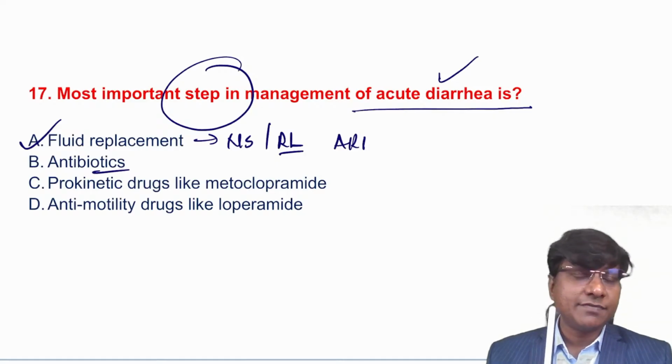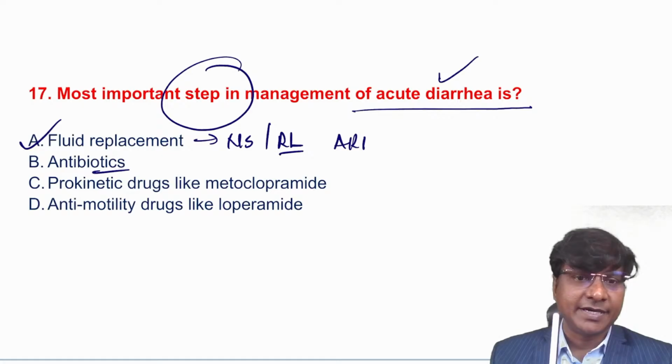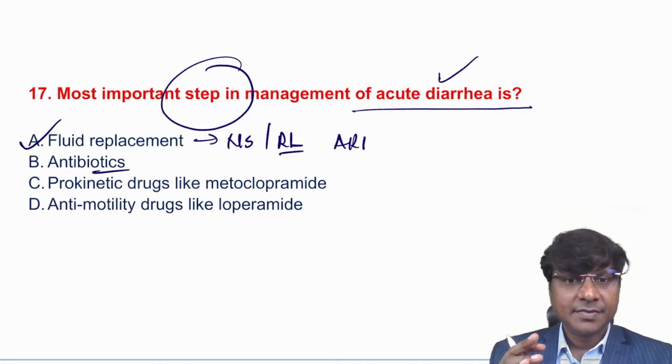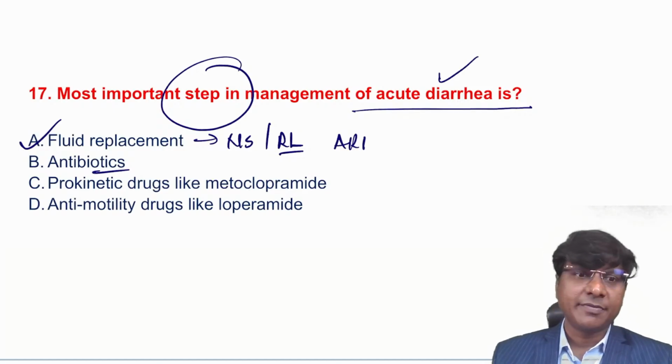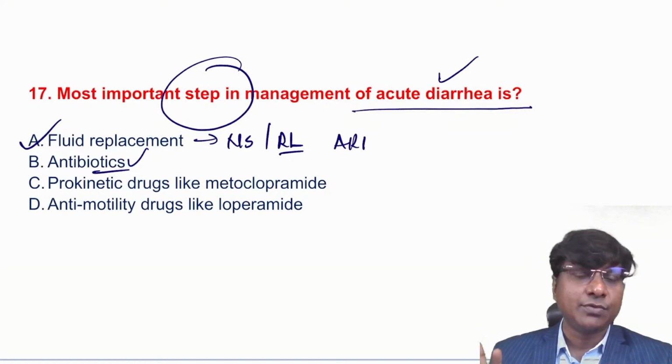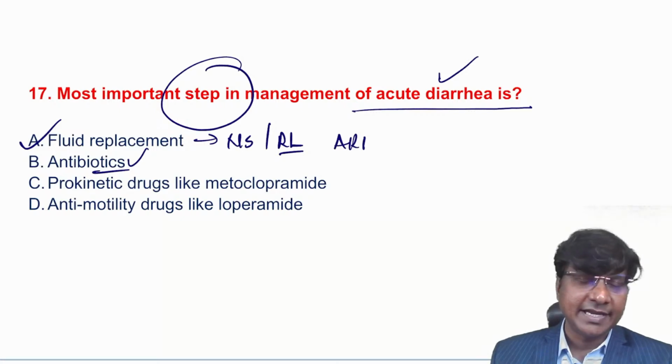See, most of these acute diarrheas are self-limited. Antibiotics are reserved only for specific indications like cholera, traveler's diarrhea, dysentery, Shigella, Campylobacter, Clostridium difficile, immunocompromised individuals. In them, the antibiotics have to be given, but not in the scenario which has been given to you. Not all acute forms of diarrhea will require antibiotics.